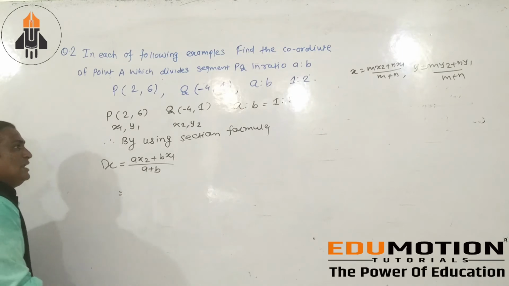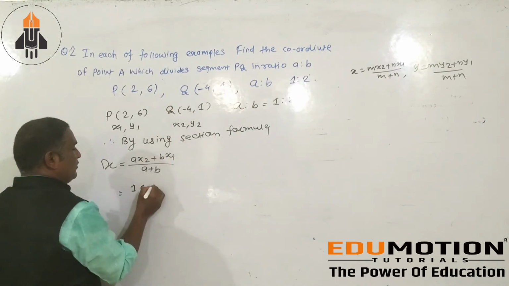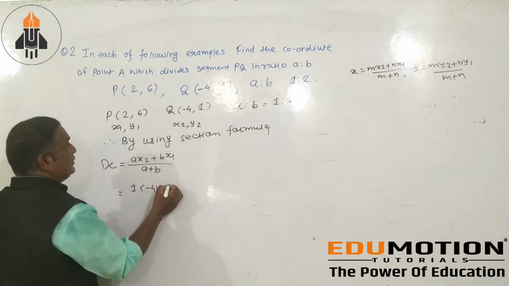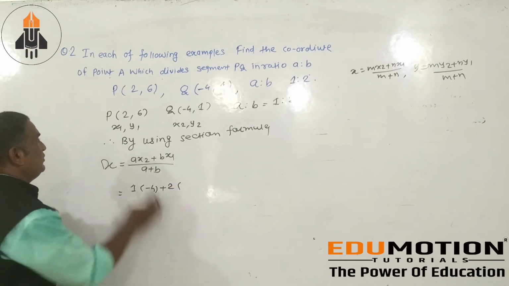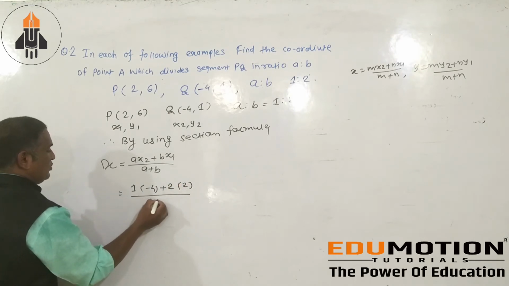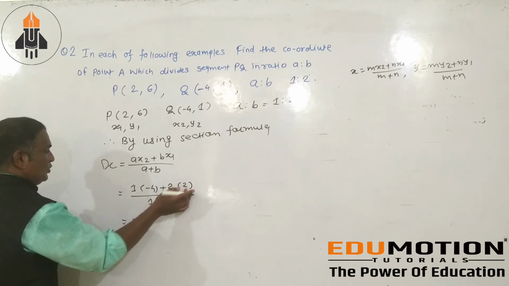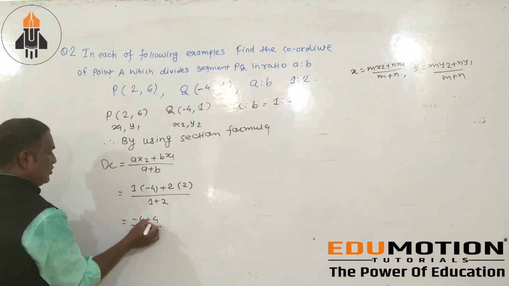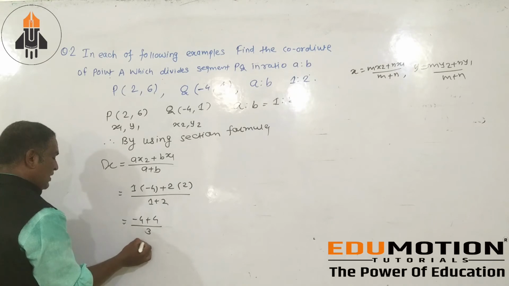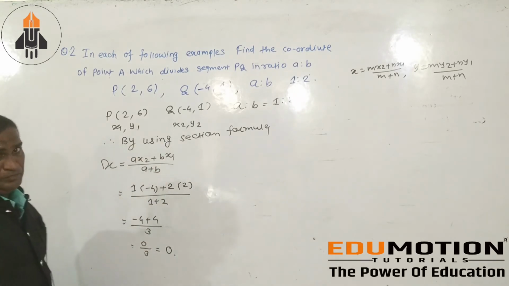What is the value of a? 1. x2 is minus 4, b is 2, x1 is 2, divided by 1 plus 2. Then 1 into minus 4 is minus 4, 2 into 2 is 4, 1 plus 2 is 3. Then 0 divided by 3, that is equals to 0.